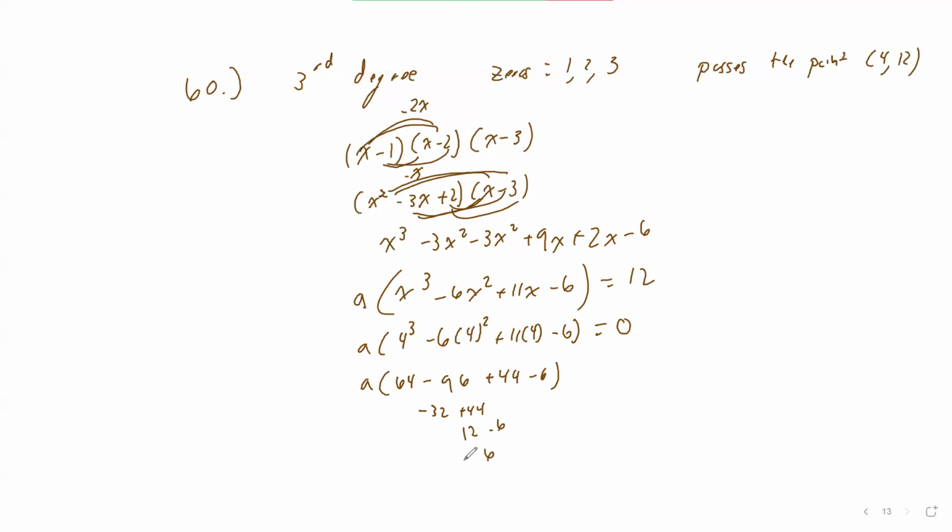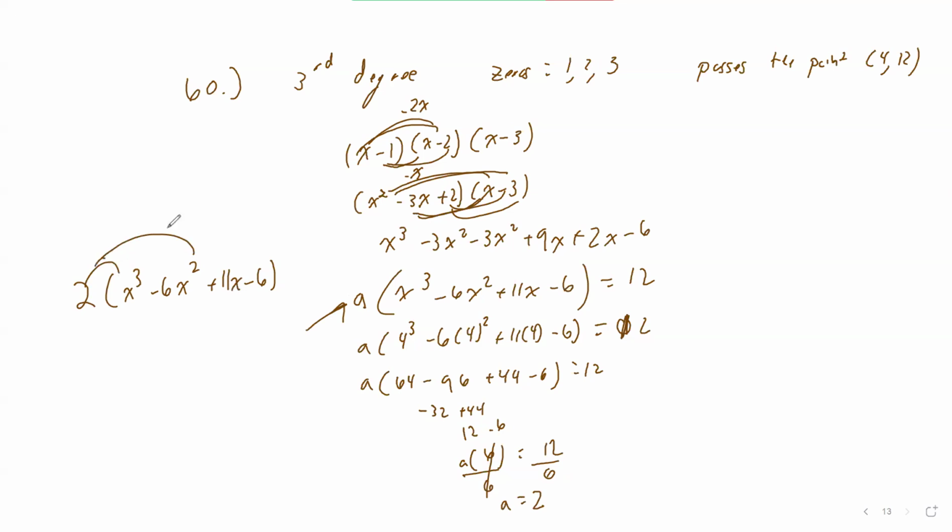All right, so this is now a times 6 equals, not 0, 12. So therefore, when I divide by 6, a has to equal 2. So when I come from this part right here, I need to do 2 times x cubed minus 6x squared plus 11x minus 6. And when I do that, this will end up being where I plug in 4 and get 12 as my outcome.